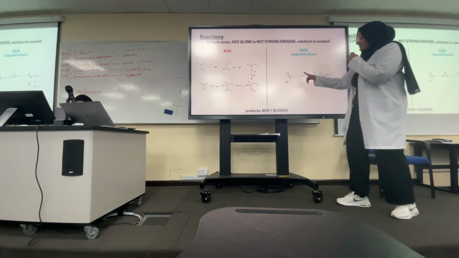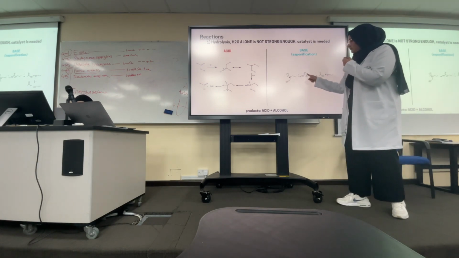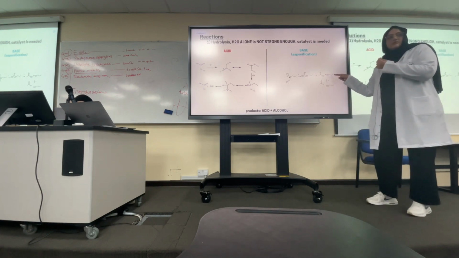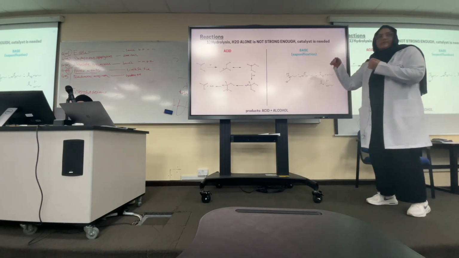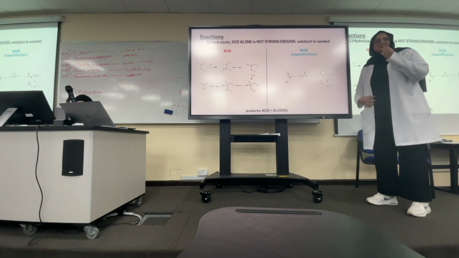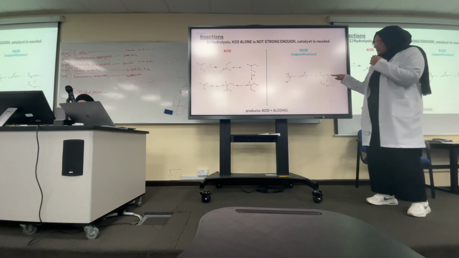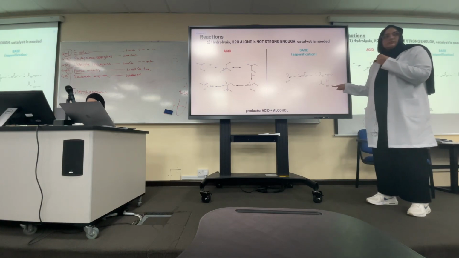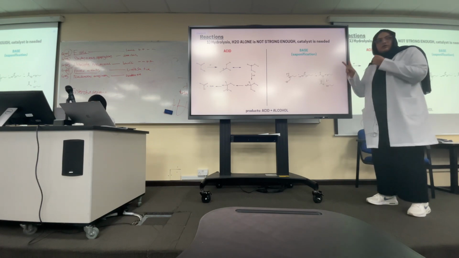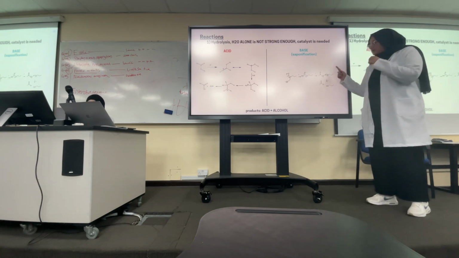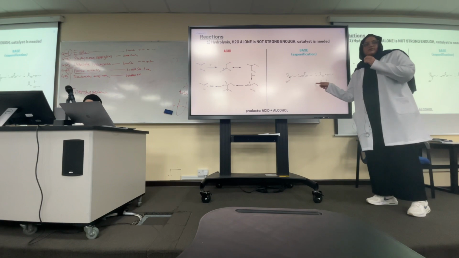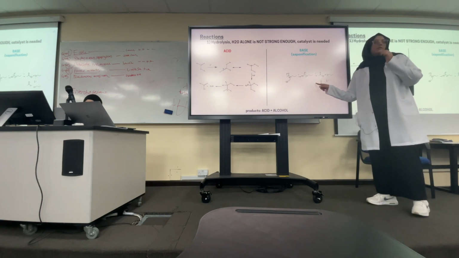Didn't I break it here and form this product? This is going to come and attack it back. The alkoxide ion is going to come and attack my carboxylic acid that was formed, and it will grab a hydrogen.